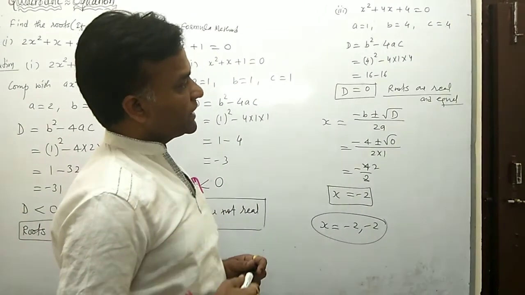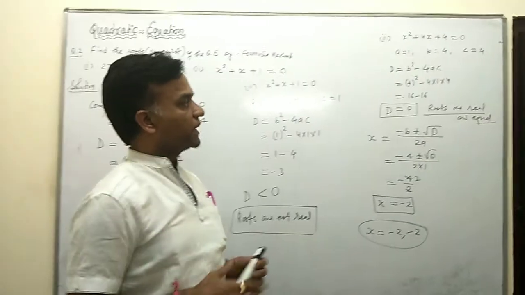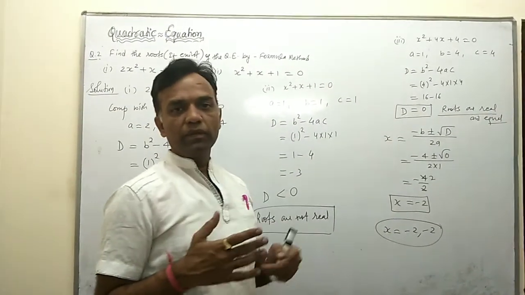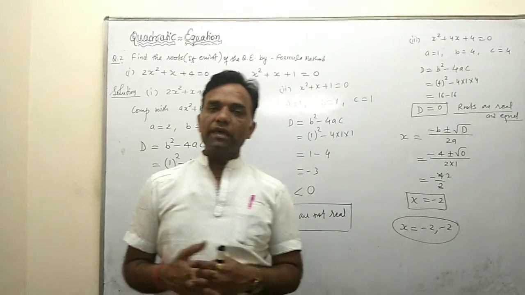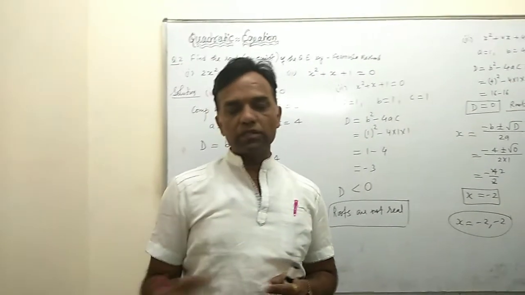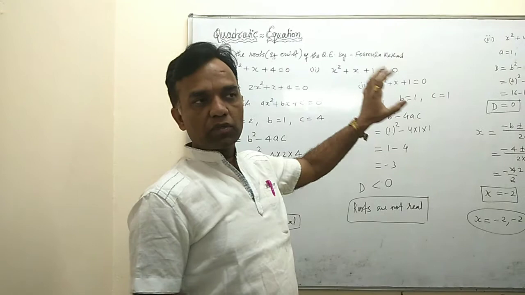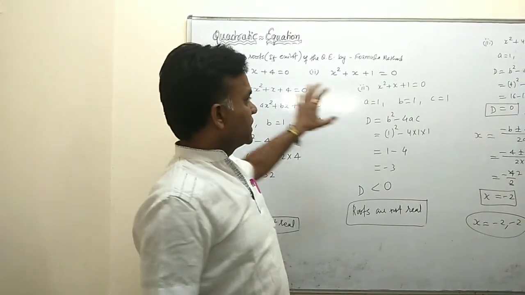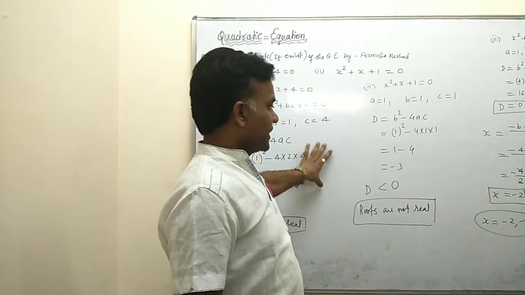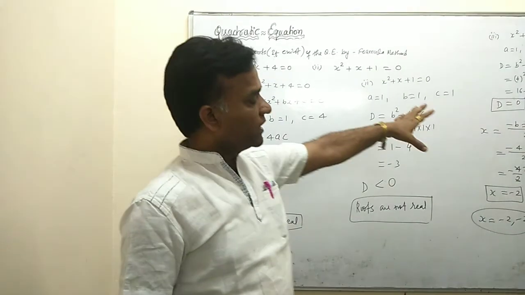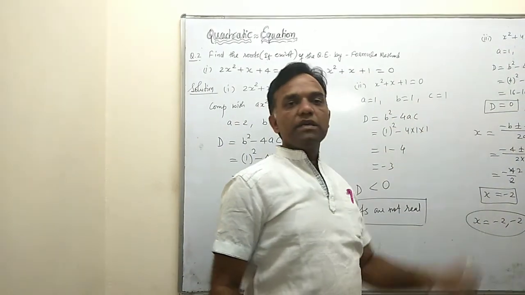So there are three cases we listed, because the nature of D we write in three forms: D positive, D negative, D zero. We have three examples. The first example is related to D positive. In the second example D is negative, and the third example is related to D equal to 0.